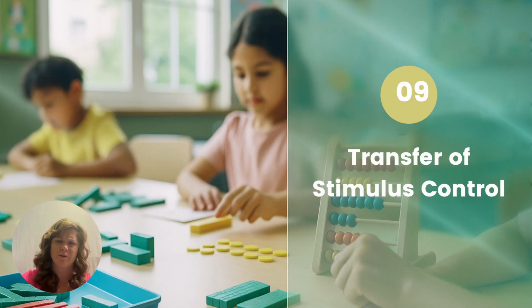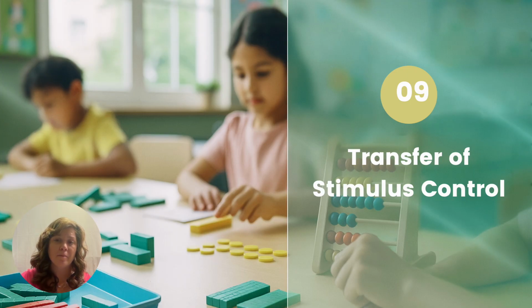Let me give you a few simple examples. Imagine you're teaching a child to say ball. At first you might say ball, and then immediately model ball. They repeat it. Great. But if we always model, they may wait for you every single time. So instead, we start to fade that prompt. We pause before modeling.